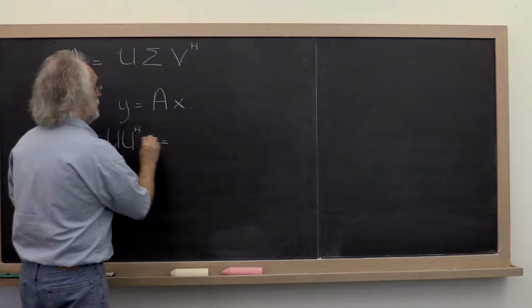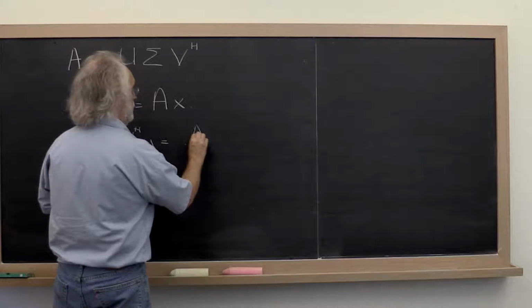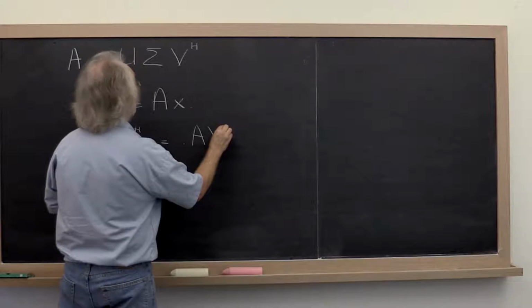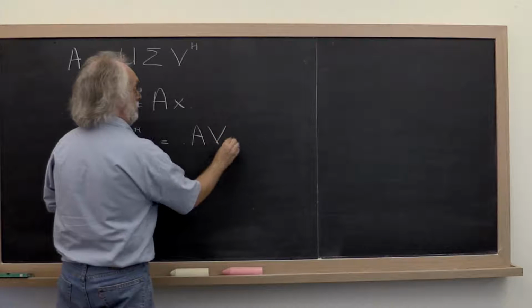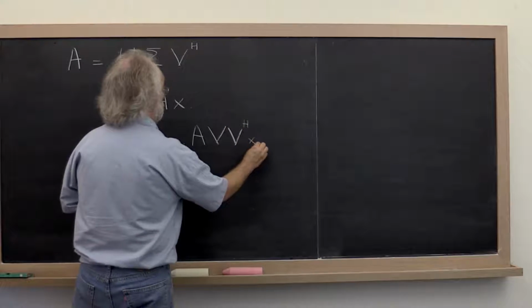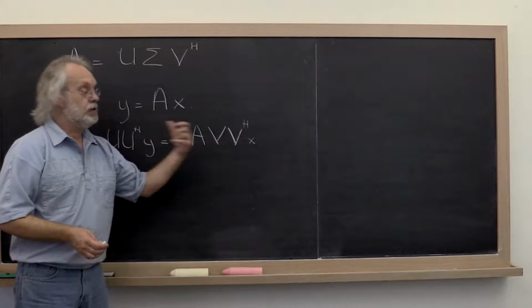And let's similarly insert an identity into the middle right here by inserting V times V Hermitian transpose. Okay. That's an identity. That's an identity.